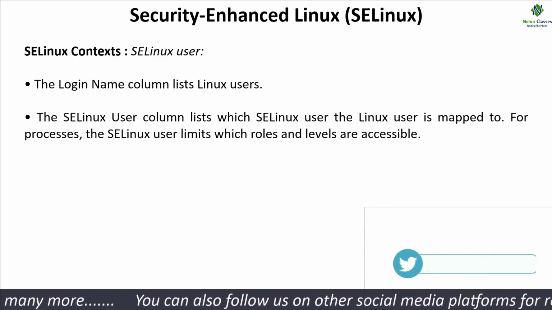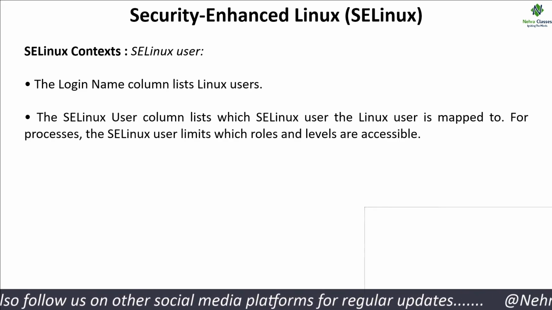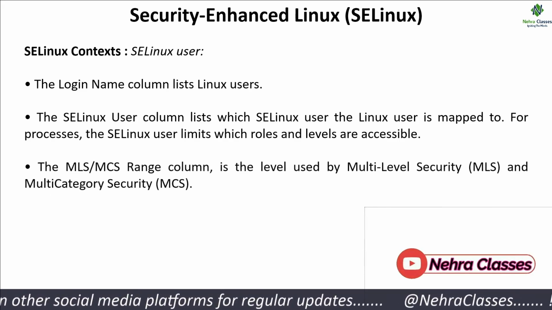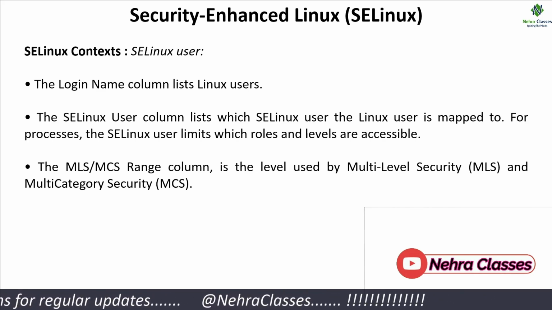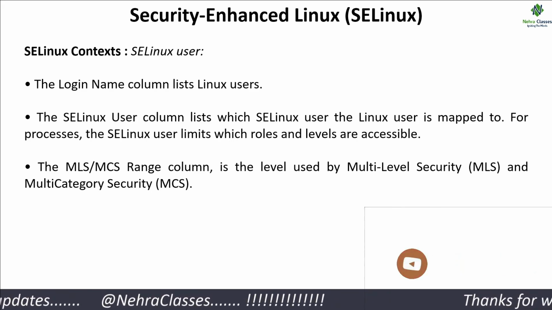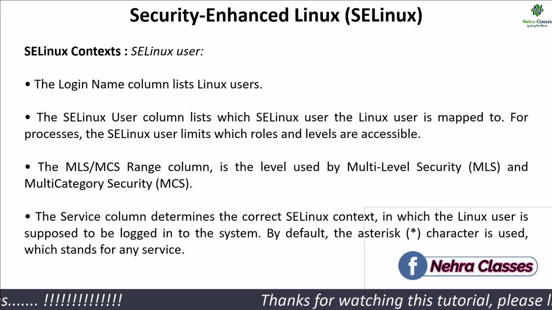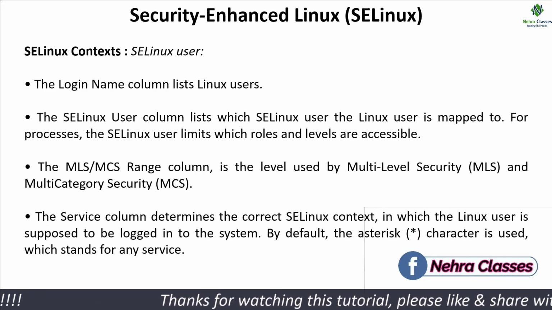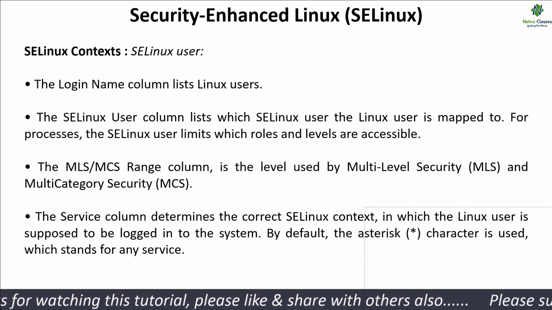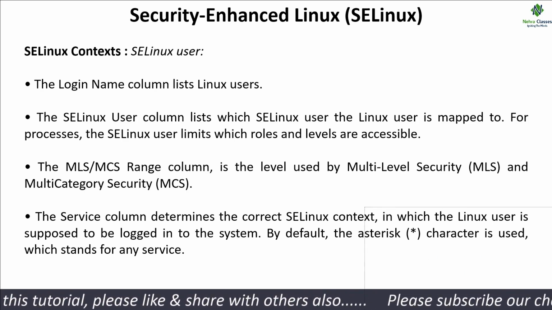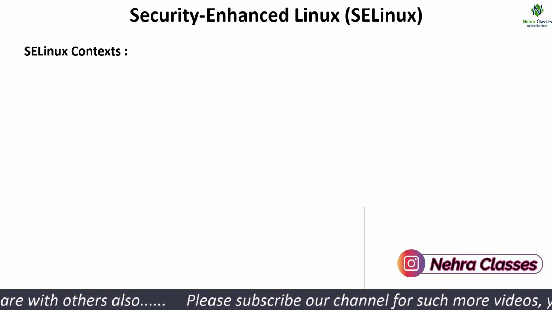For processes, the SELinux user limits which roles and levels are accessible. The MLS or MCS range column is the level used by multi-level security and multi-category security. And the service column determines the correct SELinux context in which the Linux user is supposed to be logged into the system. By default, the asterisk character is used, which stands for any service.